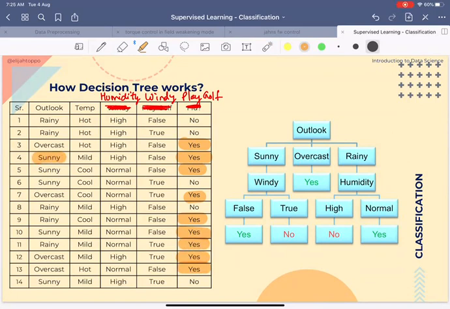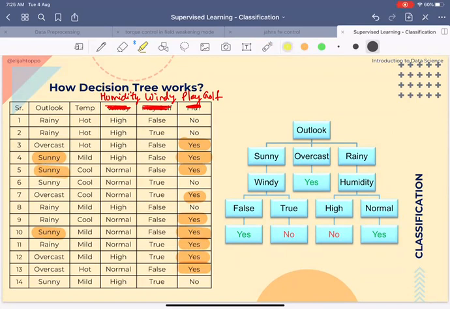So we have 1, 2, 3. So we have 3 cases of yes and sunny.